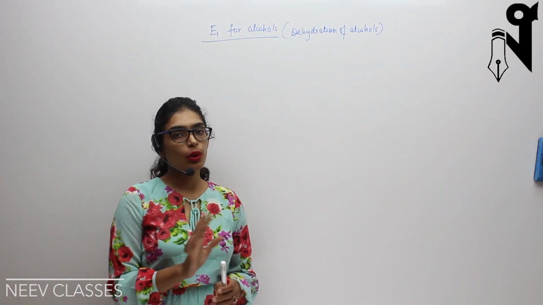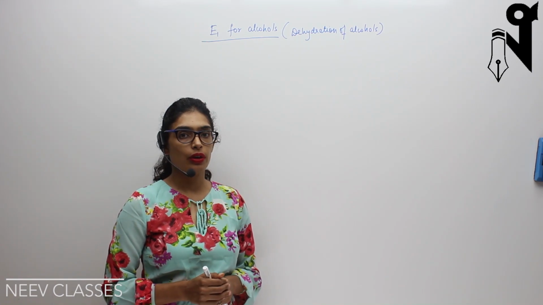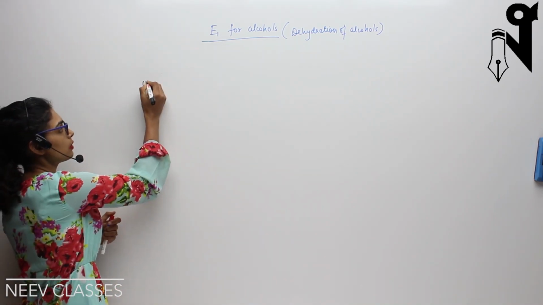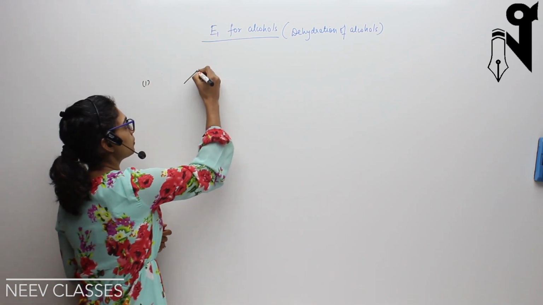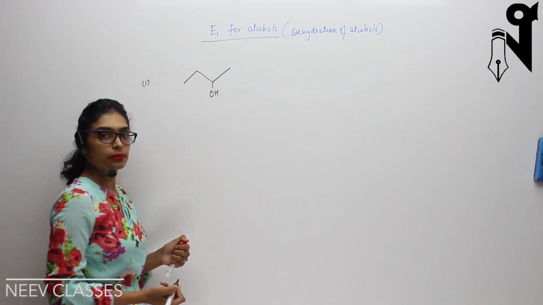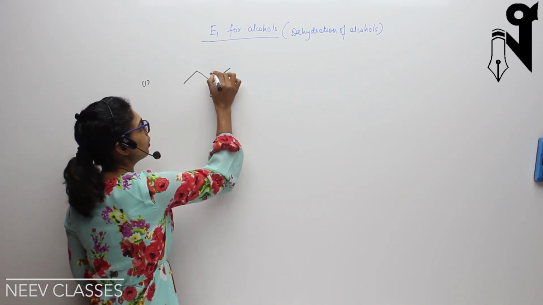Now let's solve a few more examples of E1 of alcohols. Let's take the first example. This is my OH, a secondary alcohol.